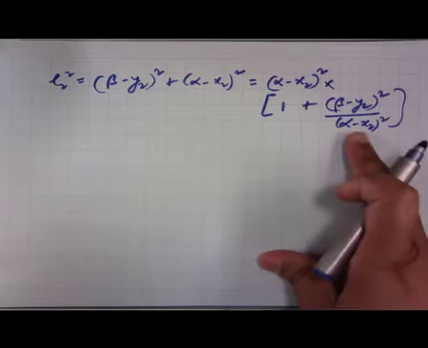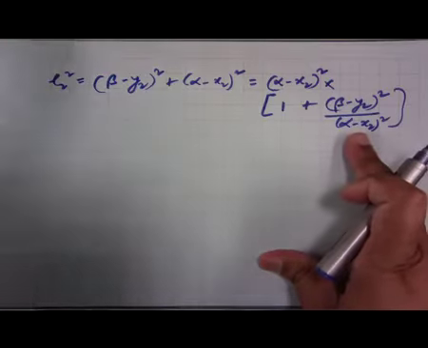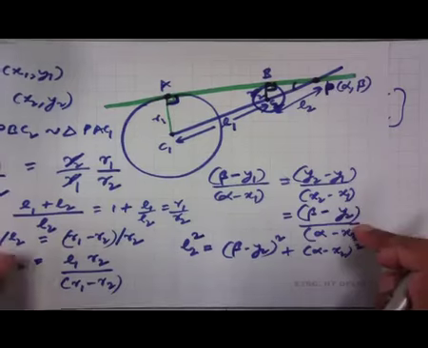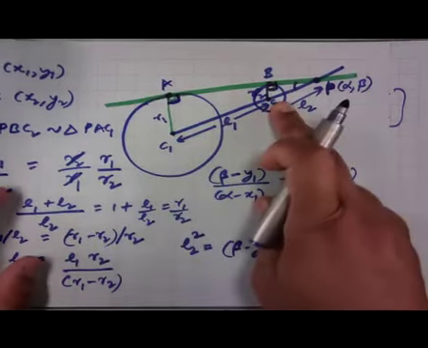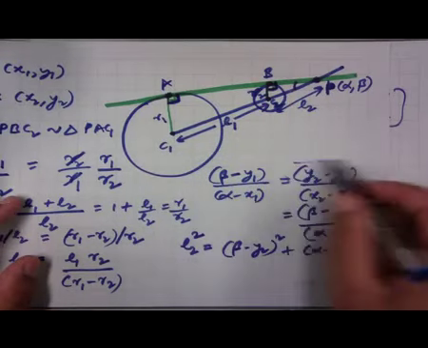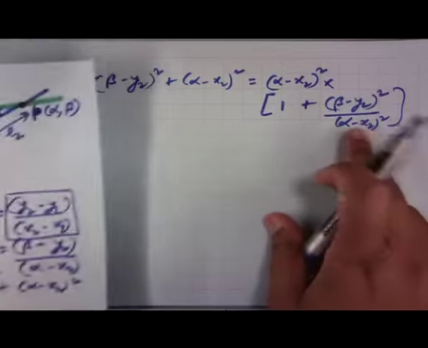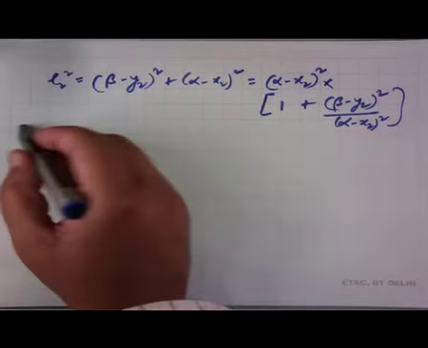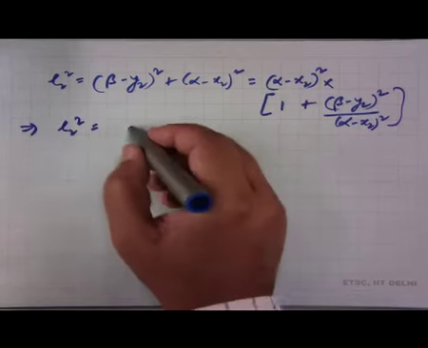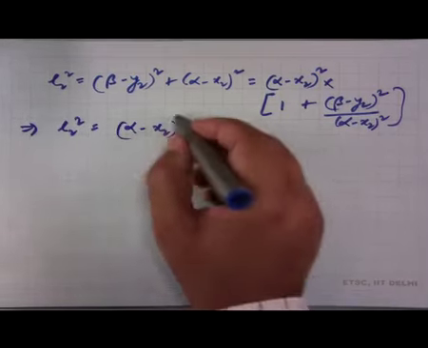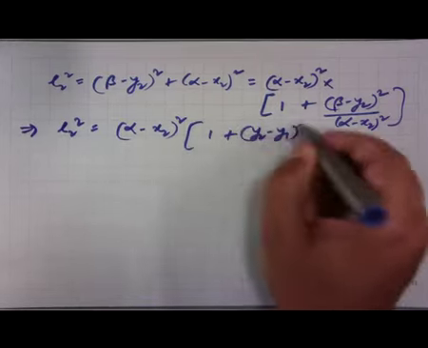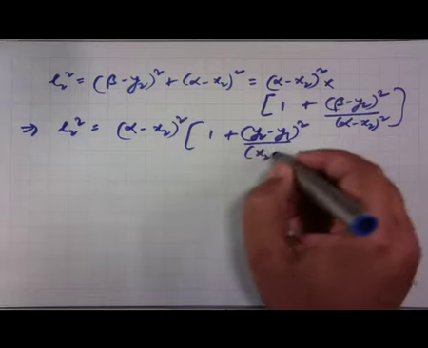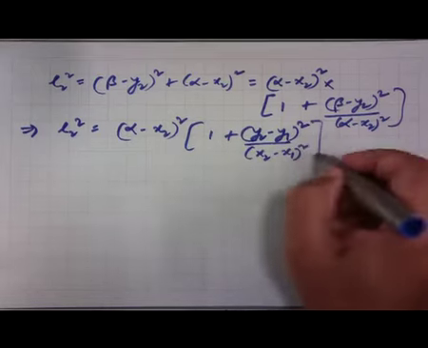But beta minus y2 divided by alpha minus x2 is nothing but the slope of this straight line joining the centers of the two circles, which is actually equal to this quantity here. So, we can replace this here by the value. So, that implies that L2 square is alpha minus x2 whole square into 1 plus y2 minus y1 whole square upon x2 minus x1 whole square.